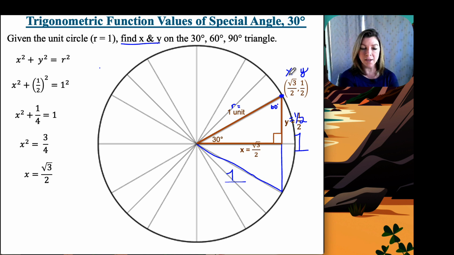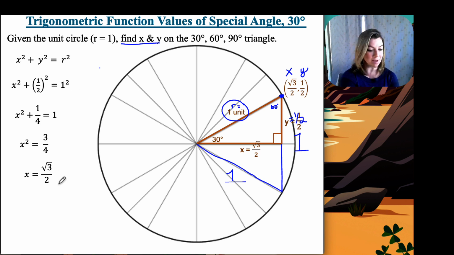Now you might be thinking, isn't sine y over r and isn't cosine x over r? You are correct, but remember we're working with the unit circle here, so r is 1. So that would be y divided by 1, so 1/2, and x divided by 1, so it remains rad 3 over 2.